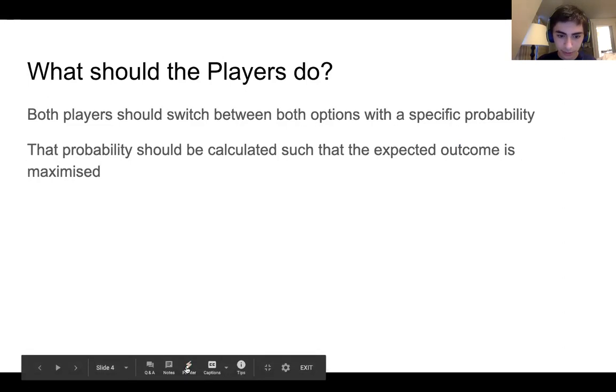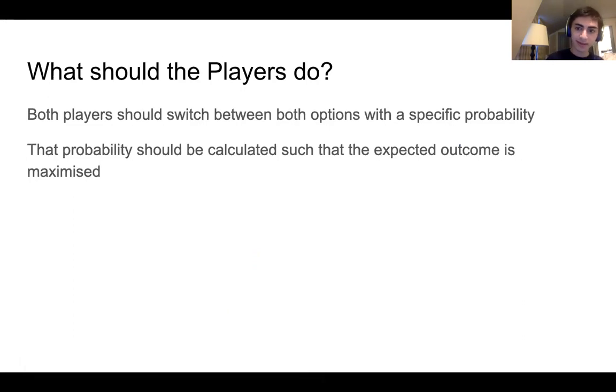That probability should be calculated such that the expected outcome is maximized. Players should choose their specific options with specific probabilities in order to maximize payoffs. Remember, players just want the most payoffs.